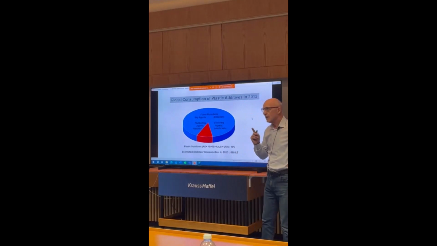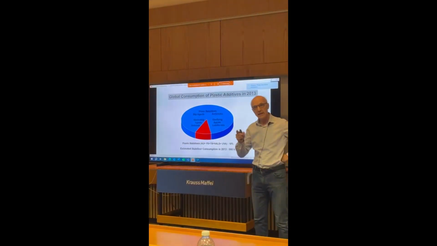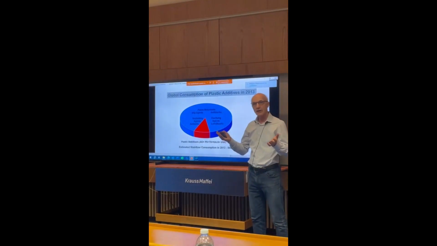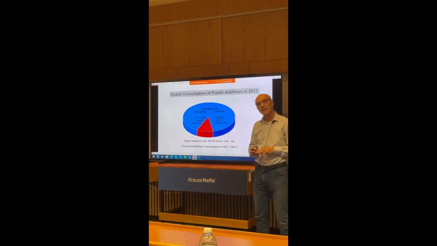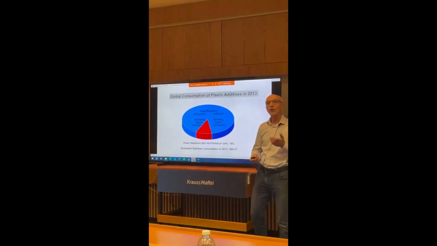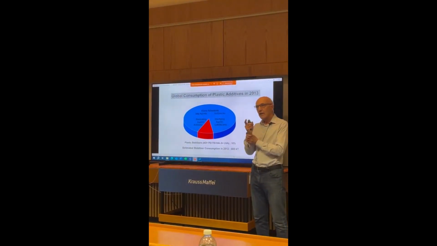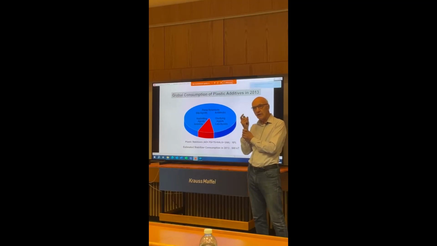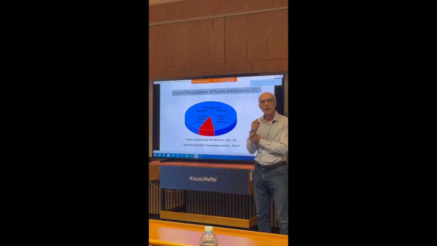Don't forget that if something grows by 7% during 10 years, you double the amount. So 5% over 10 years is not bad. It's no longer 560, it will be more like 750 kilotons. But still, 750,000 tons is in principle nothing compared to the production of polymers.